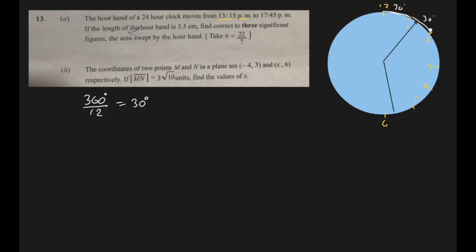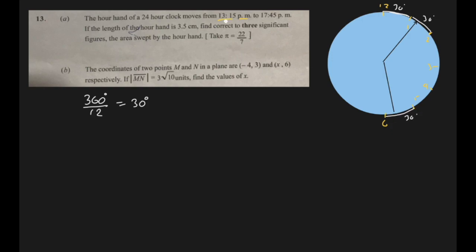Okay, so you should know that the total angle covered by the hour hand in 12 hours, not 24 hours, is 360 divided by 12 equal to 30 degrees. That means each section from here to here is 30 degrees. Similarly, here to here is also 30 degrees, and here to here is also 30 degrees, right?